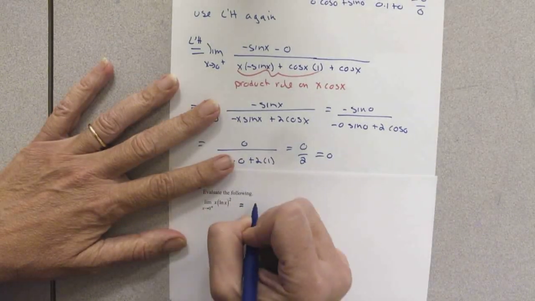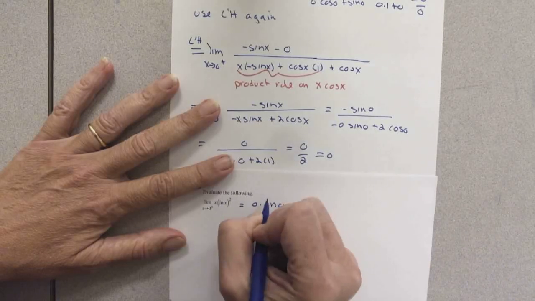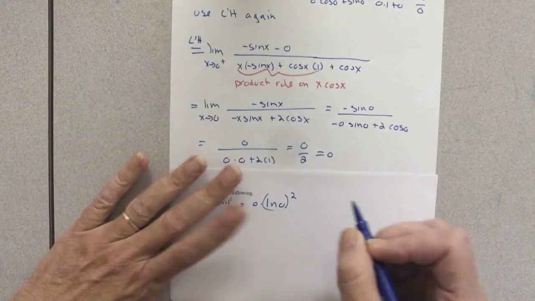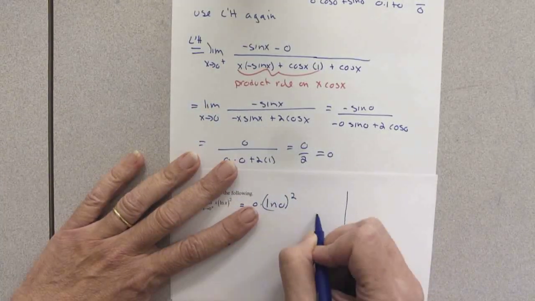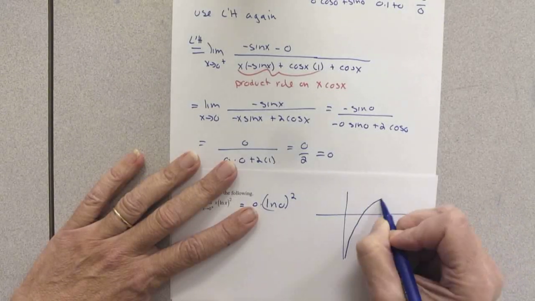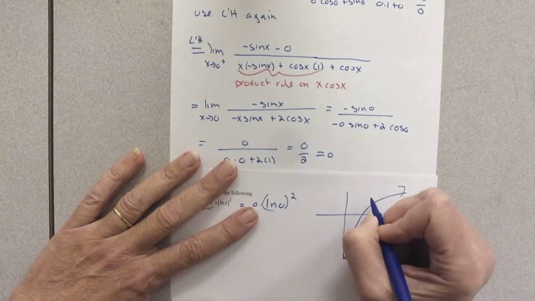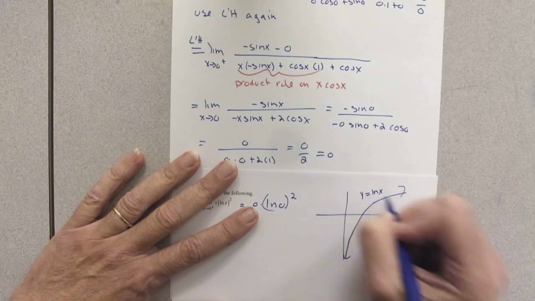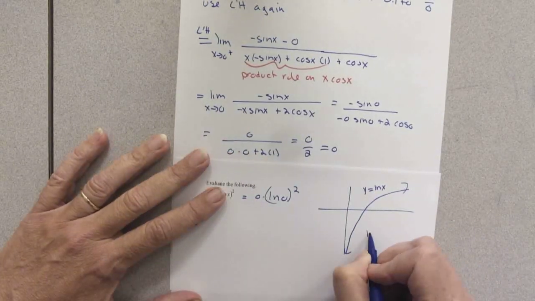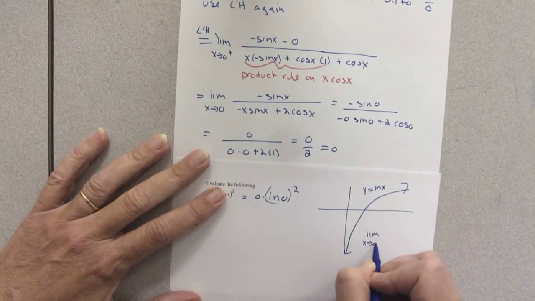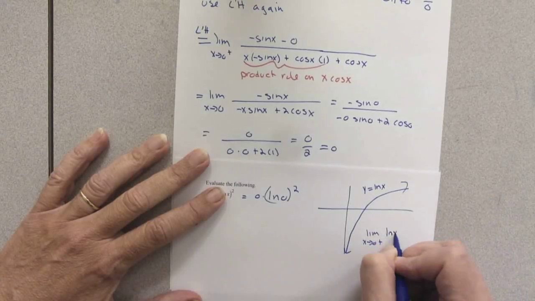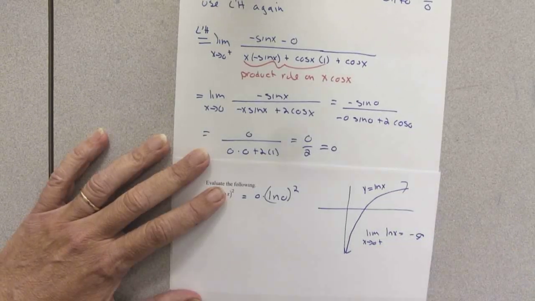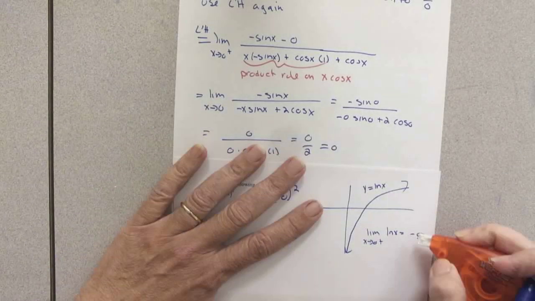Let's check it first. So that's going to be 0 times the natural log of 0 squared. Now let's remember that's essentially what the logarithm curve looked like. And the limit as x goes to 0 from the right of the natural log of x is negative infinity.